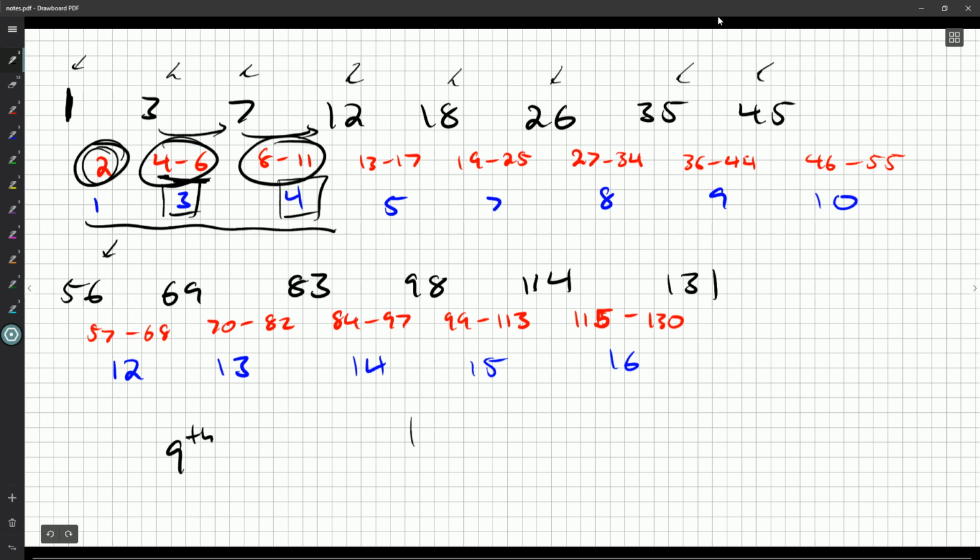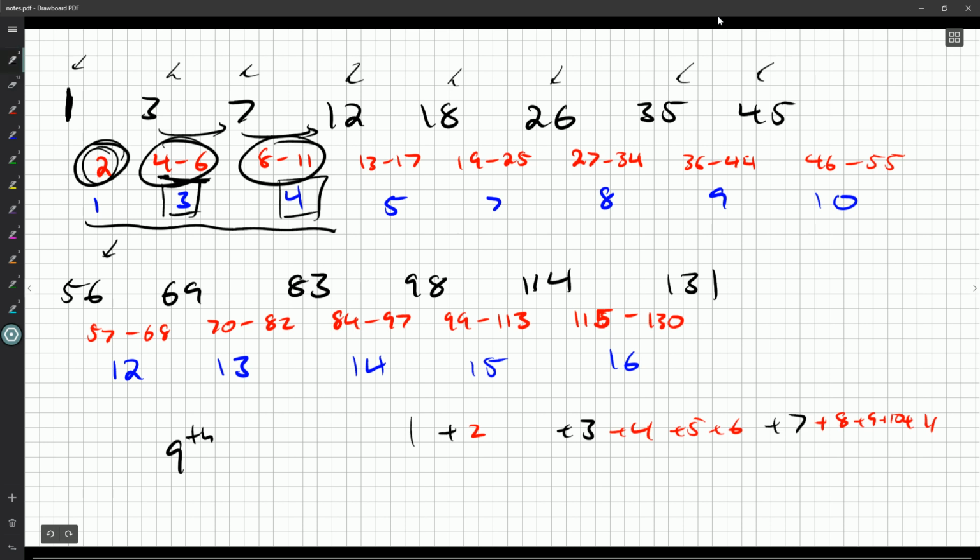Now, how do you work that out? Well, you could say it's 1 plus 2 plus 3 plus 4 plus 5 plus 6 plus 7 all the way up to plus 11. You say, well, hey, you're color coding some of these numbers. Absolutely, I am.